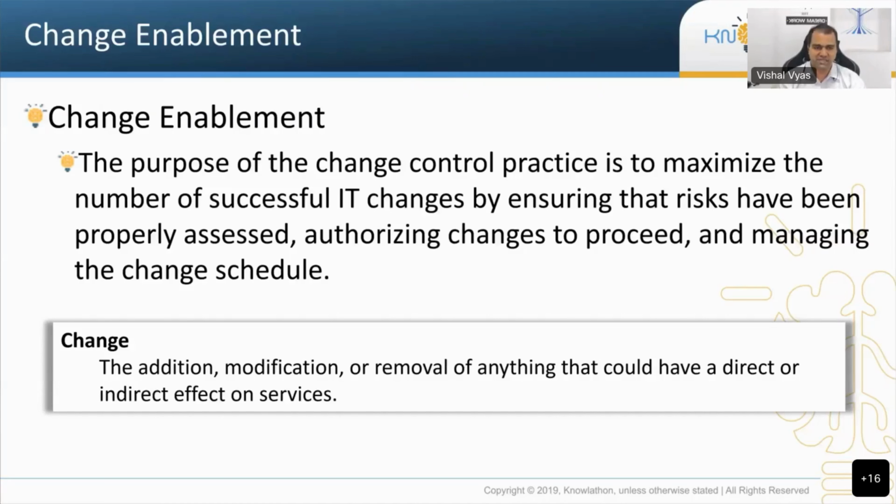But in some cases, it may be an emergency. This server needs to be upgraded immediately because there are 10,000 users who are not getting access to their service, and we need to do it immediately. So we don't have time to call those 15 people in the room. They're busy somewhere. So what do we do? We call it emergency change.